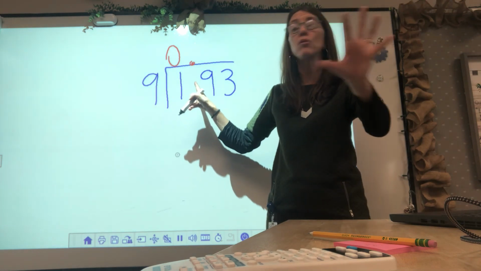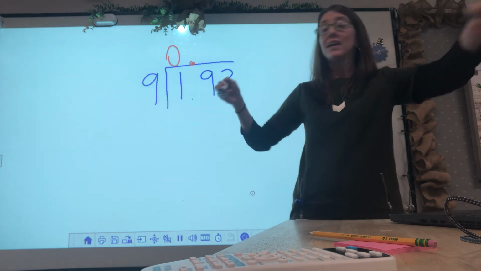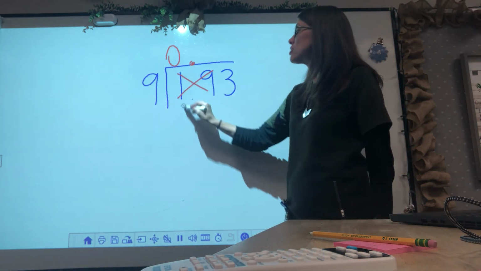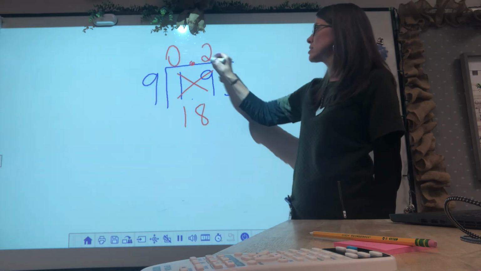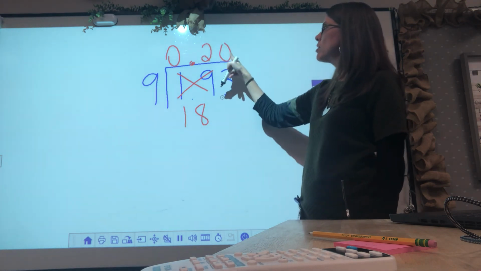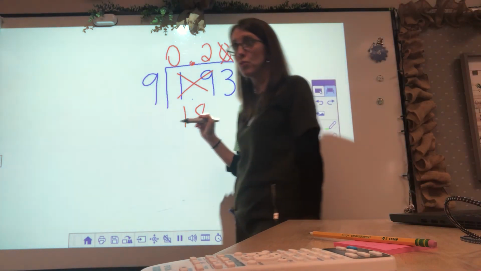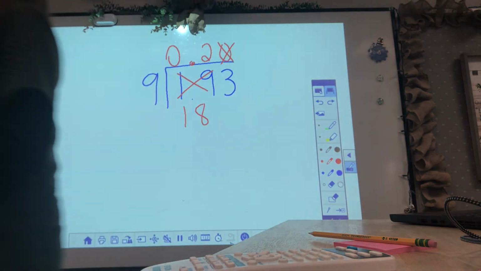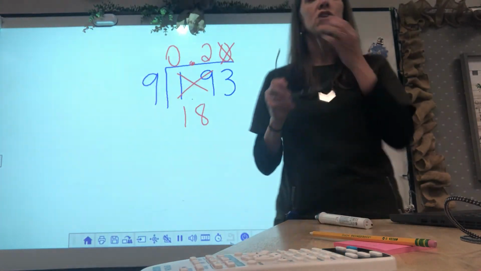What are you going to change 19 to that's compatible? 18. So if you change this to 18, 9 goes into 18 twice. This becomes a 0, but you don't need that 0 for your answer, so it's 0.2. Okay? All right. Good job.